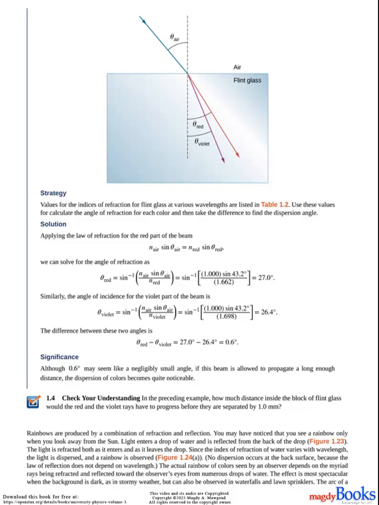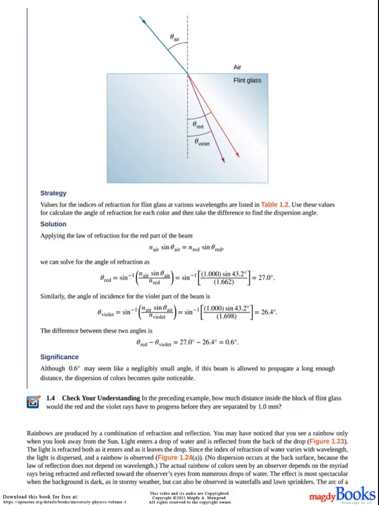Similarly, the angle of refraction for the violet part of the beam is theta violet equals arc sine of (n air sine theta air divided by n violet) equals arc sine of [1.000 sine 43.2 degrees divided by 1.698] equals 26.4 degrees. The difference between these two angles is theta red minus theta violet equals 27.0 degrees minus 26.4 degrees equals 0.6 degrees.